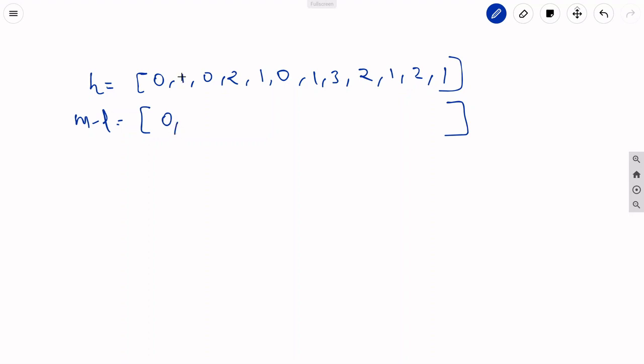Then the maximum to the left of this element would be the maximum of this, comma, the nearest left element. So this will be 0. Then for this, the maximum to the left would be the maximum of this and this, which is 1. So similarly, we can just go on to fill.